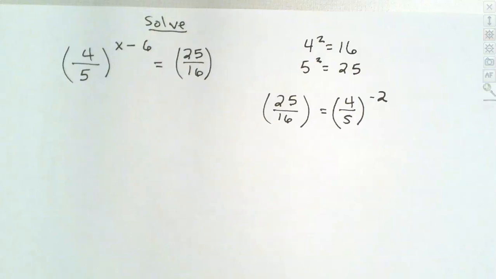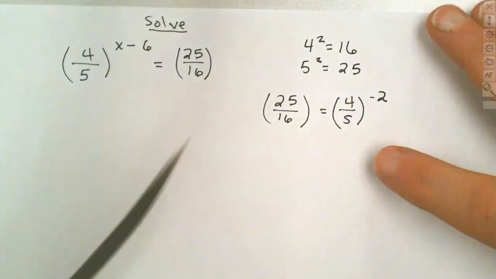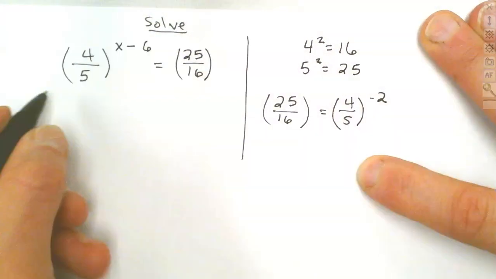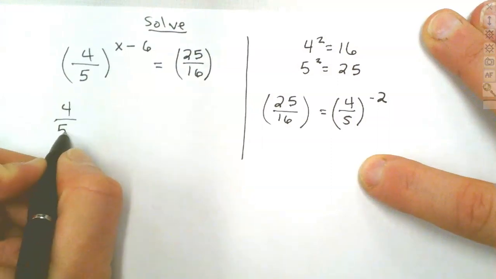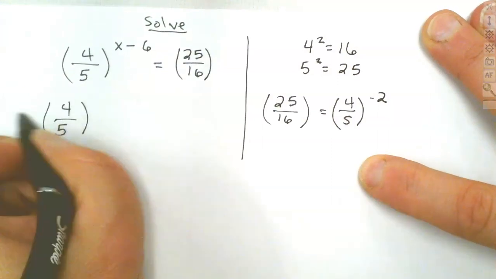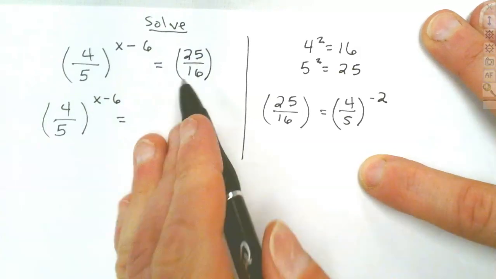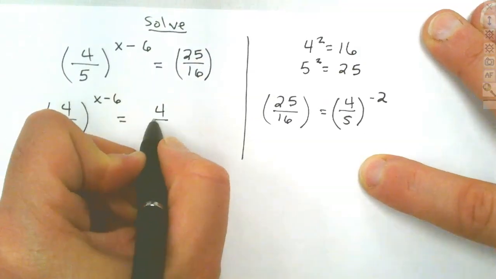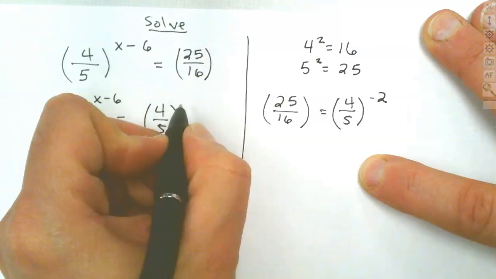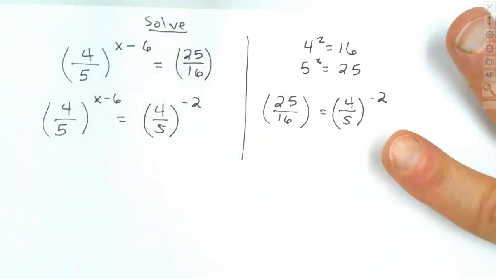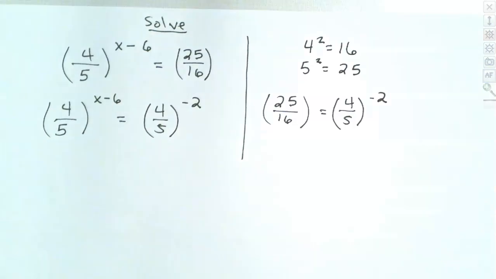And then look at our powers. So now we can rewrite this with our common base as 4 over 5 to the x minus 6 power. And this we're going to rewrite as 4 over 5 to the negative second power. Are the bases the same?